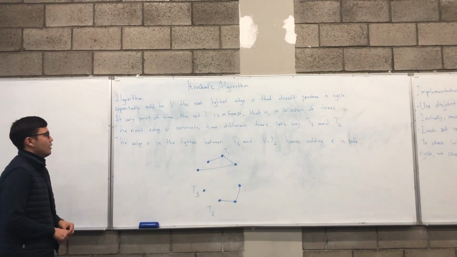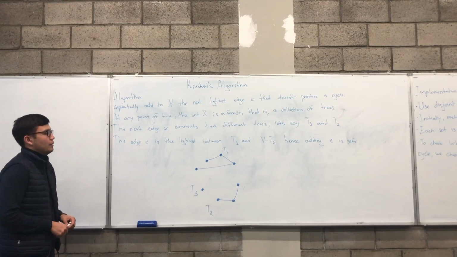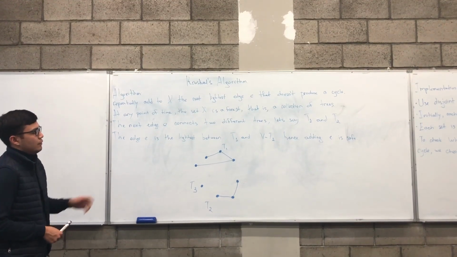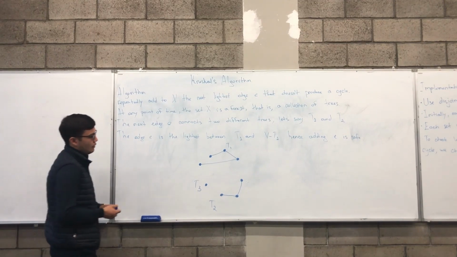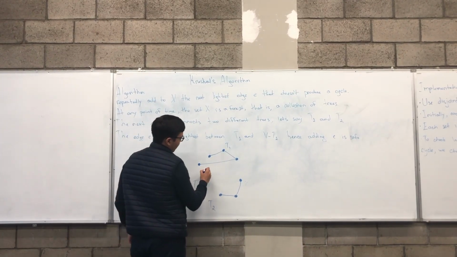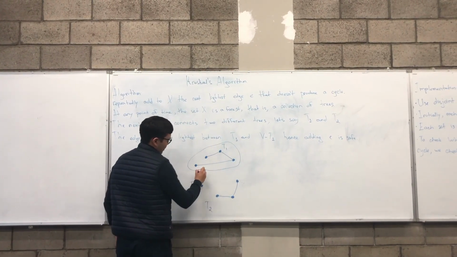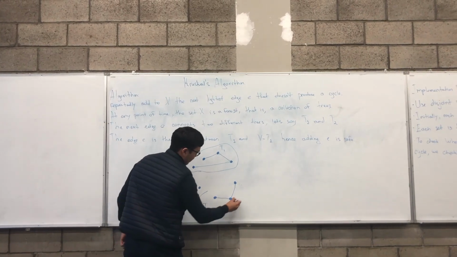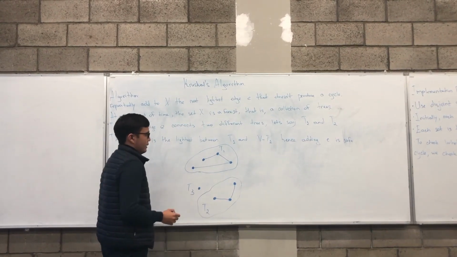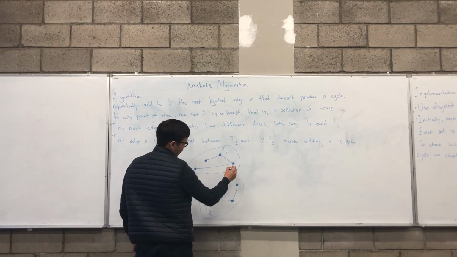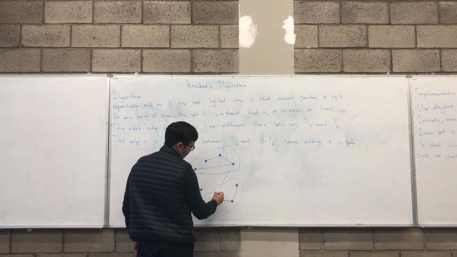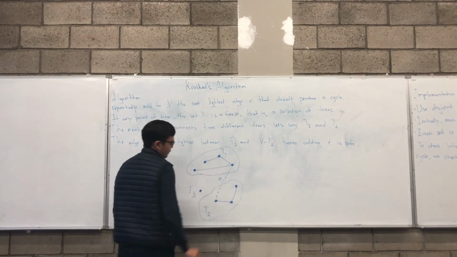The edge e is the lightest between T1 and V minus T1, hence adding e to the set is safe. So let's take this graph as T1, and this one as T2. Here we apply the edge that will not make a cycle, so we call it e.